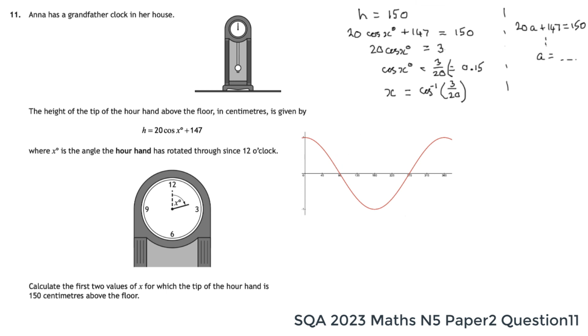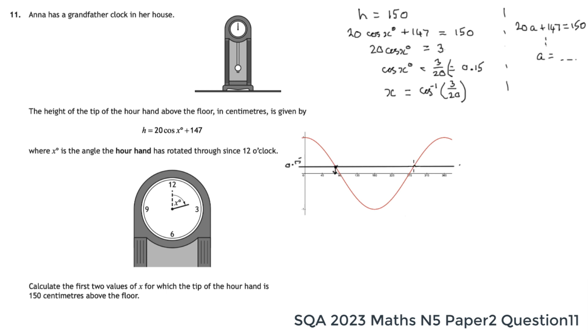Let's draw a line just to highlight where they might be. So there's a line, height 0.15 above the x-axis. Let's put that 0.15. So there's a point there, so there'll be an angle in the first quadrant between 0 and 90 whose cosine is 0.15.